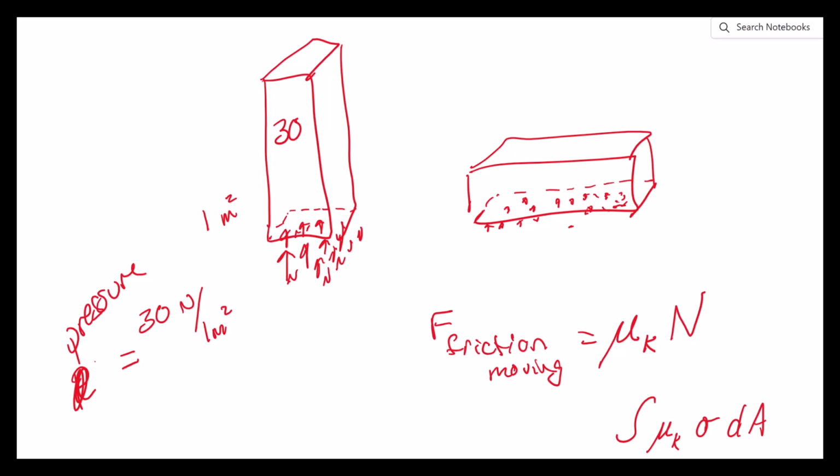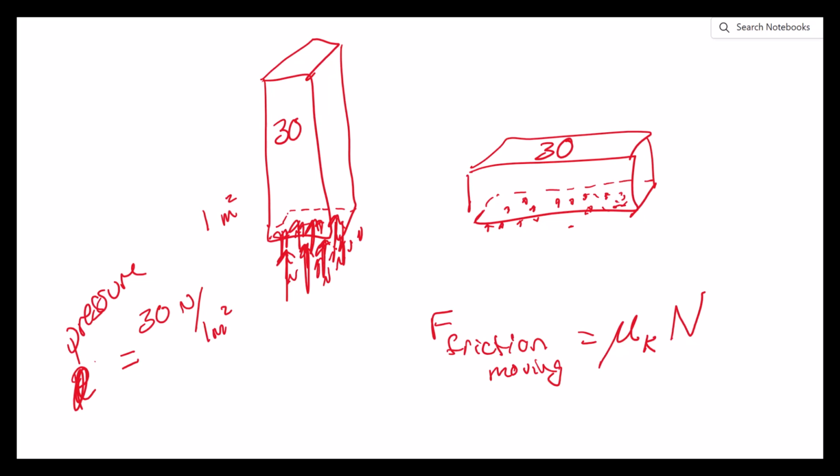Where I'm trying to go here is that sometimes there's this thought that there's less friction if I tilt it up because there's less surface area. And that's not true, because these itty bitty normal forces are all bigger.